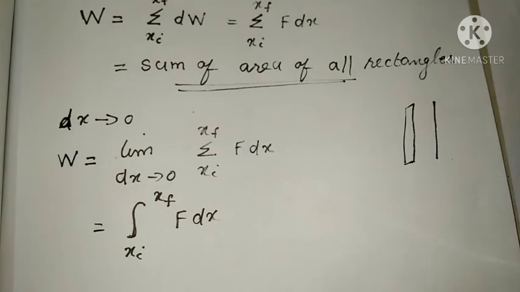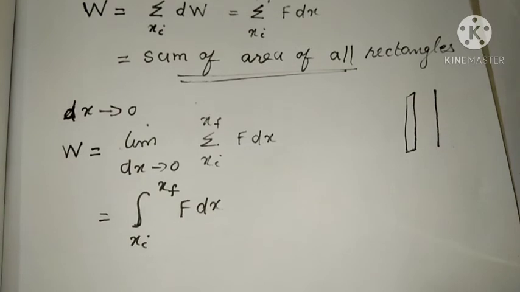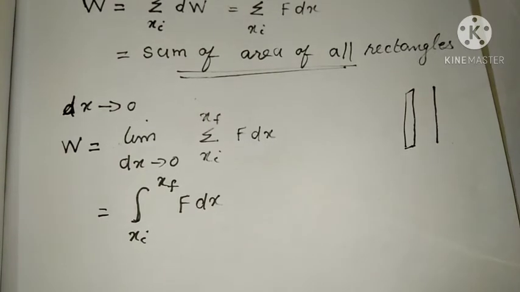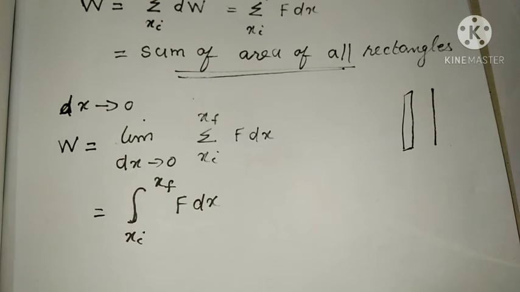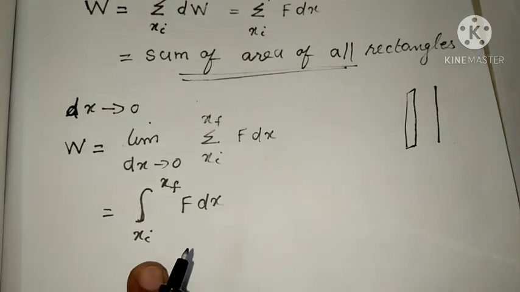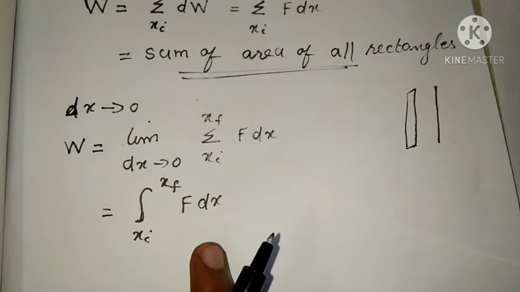That means addition. When you add the small things, we get the sum. We can add the small things, then we will get a large one. That is the integral xi to xf of f dx.